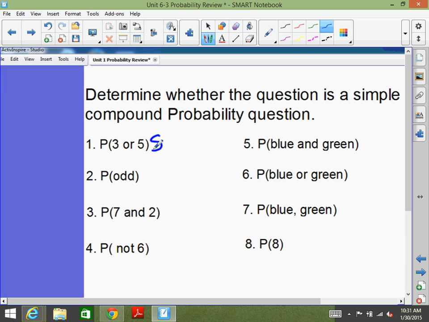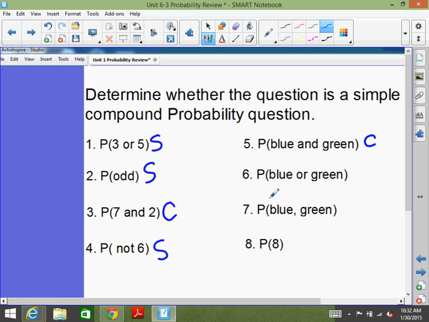Number 2, the probability of getting an odd number. Simple or compound? Simple. Good. Number 3, the probability of getting a 7 and a 2. That's compound because I want two things to happen. Number 4, the probability of not 6. Simple. Number 5, the probability of blue and green.